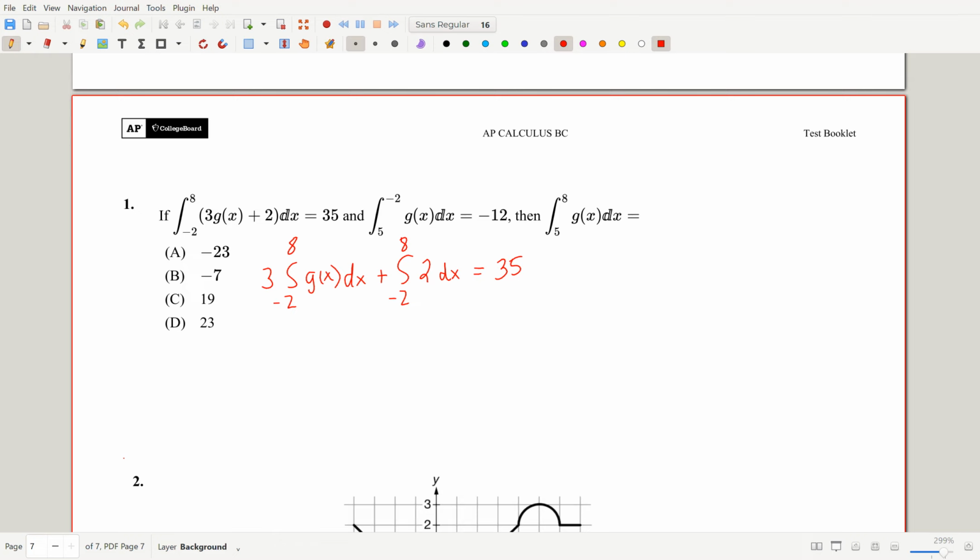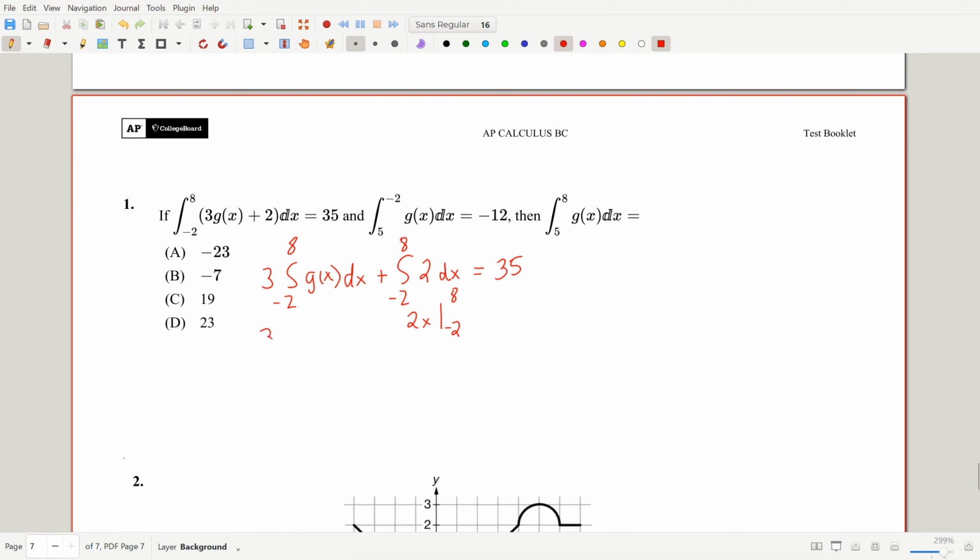It's a rectangle that has a height of 2 and a width of 10. This answer is going to be 20, but if I forget that, I can use what we learned yesterday. What is the integral of 2 dx? 2x. Yep, 2x. So this is 2x evaluated from -2 to 8.